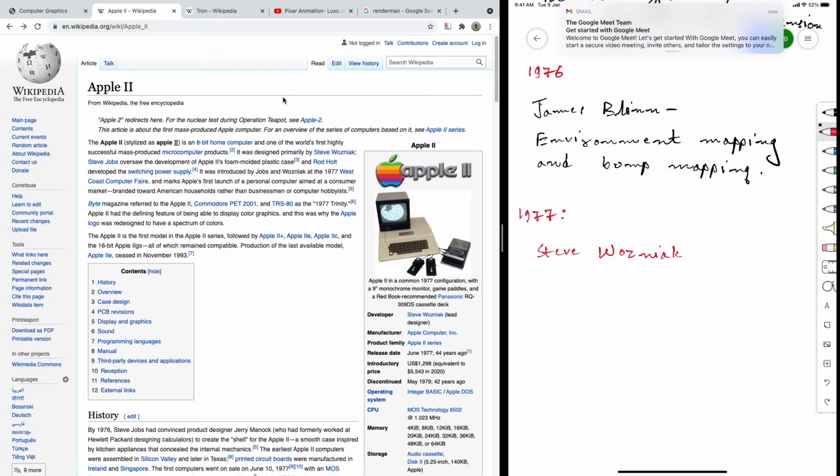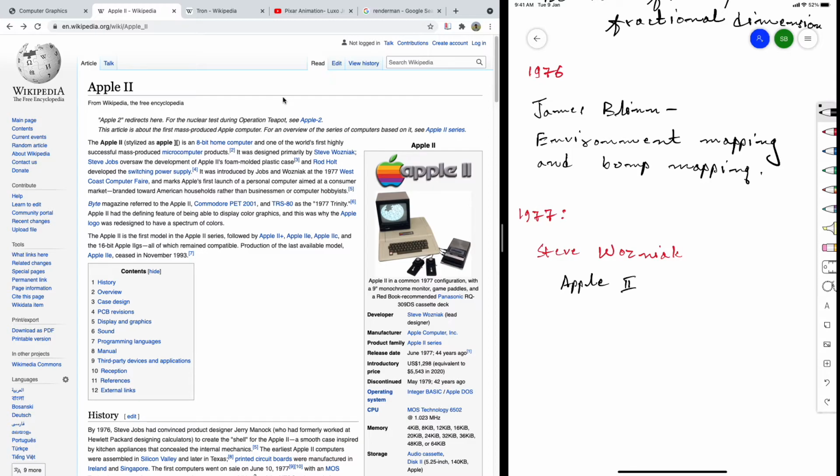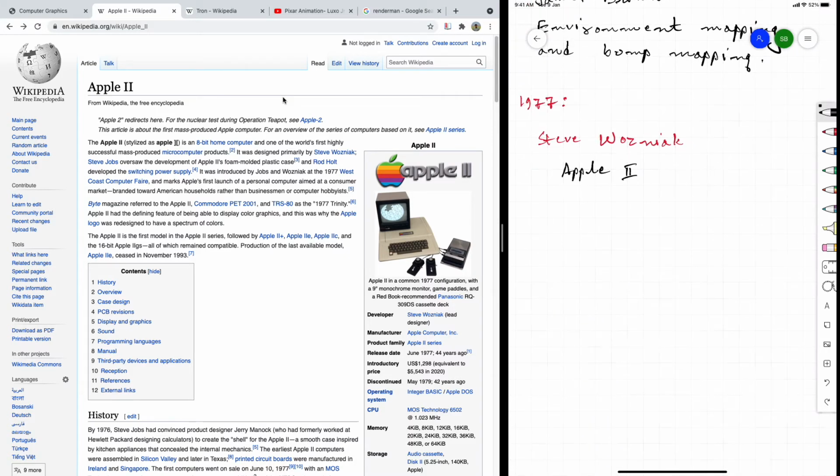So in 1977, Steve Wozniak released Apple II, and this was the first color graphics personal computer. Okay, before this all the computers used to be black and white, just like black and white TVs.